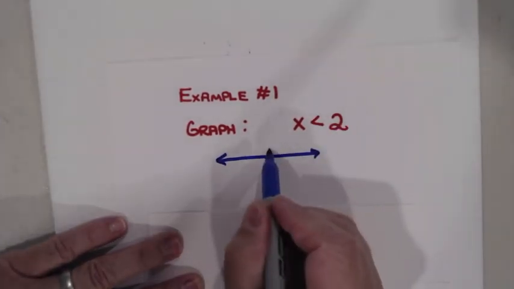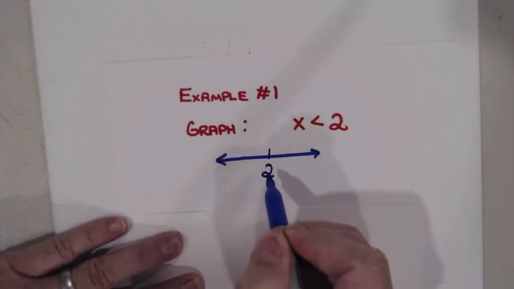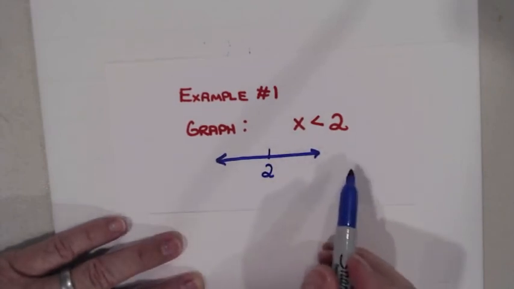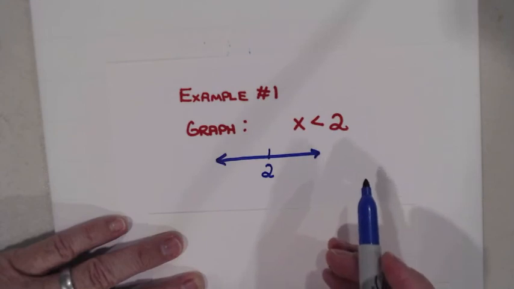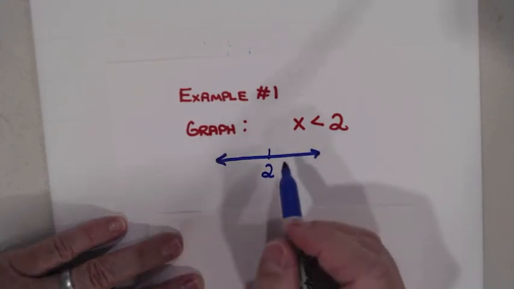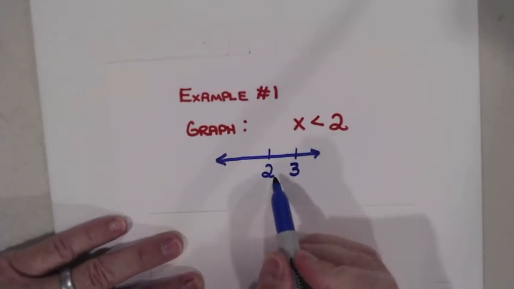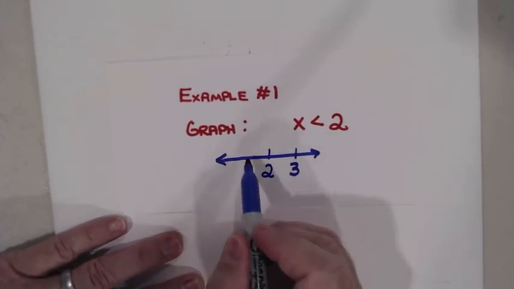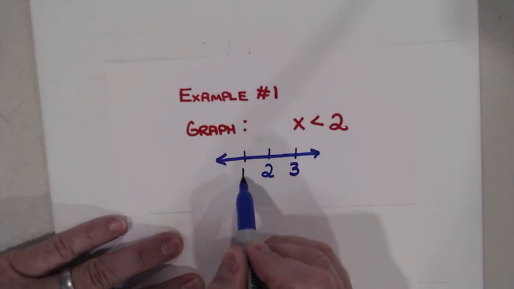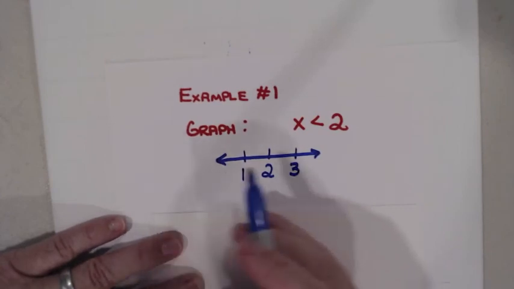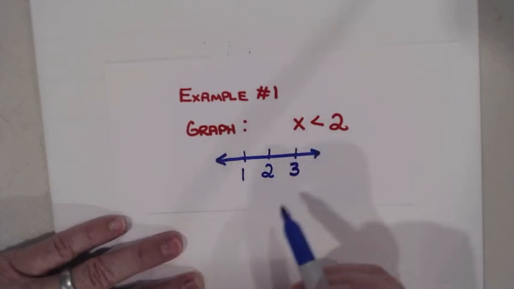Whatever that number is goes right in the middle because that's your most important number. Numbers over here on this side are always bigger. So what's bigger than 2? 3. Then I'll look for smaller numbers over here on this side. Smaller than 2, 1.